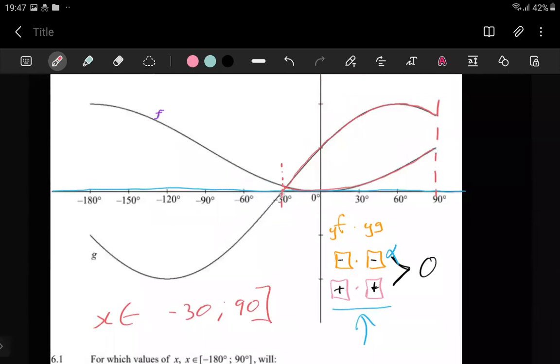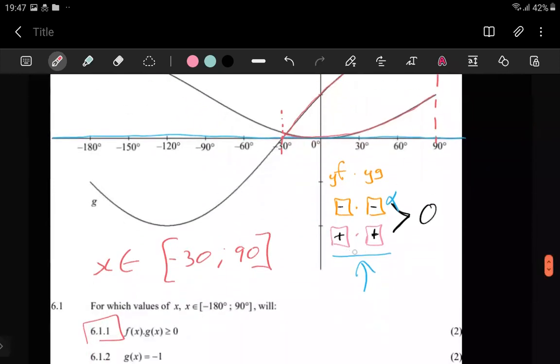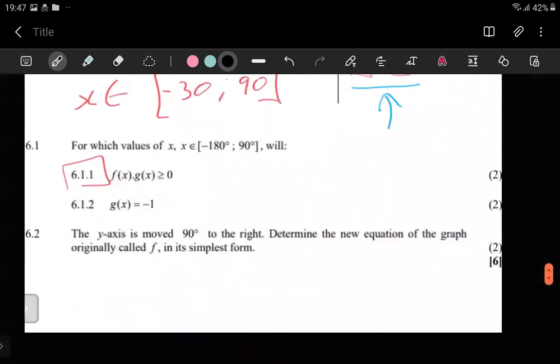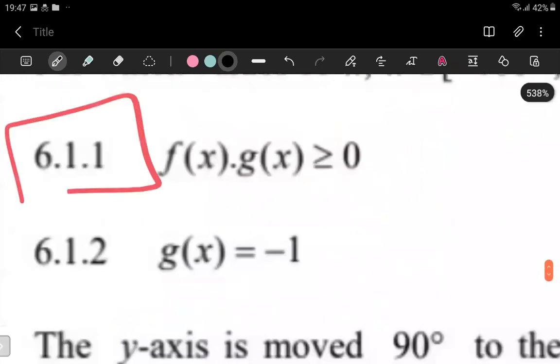And specifically at negative 30, we're also going to put a square bracket. The reason for that is one graph is equal to 0 here. So if one of these is 0, it will be 0 times something, and that does qualify for a scenario where they say bigger or equal to 0.